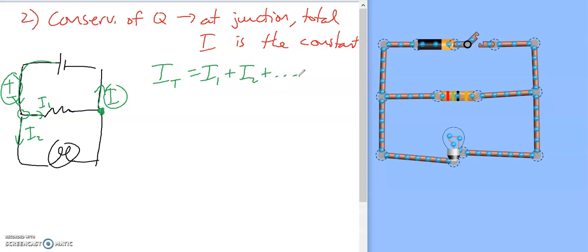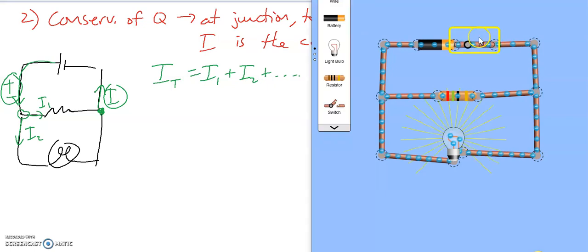That's conservation of charge, because of course current is made up of charges. If I get the circuit going, you sort of see how it works. You can see the charges coming around this way. Some go this way to the resistor, and some keep on going down to the light bulb. And you can see that they don't split evenly.